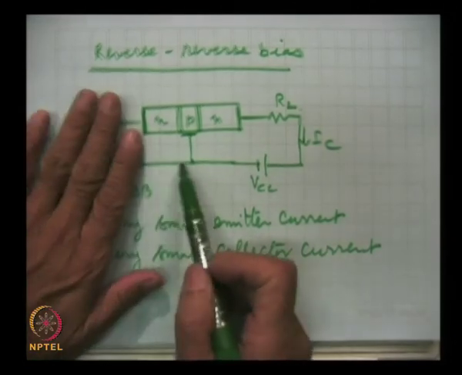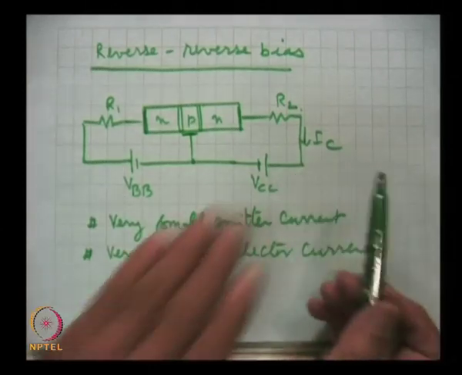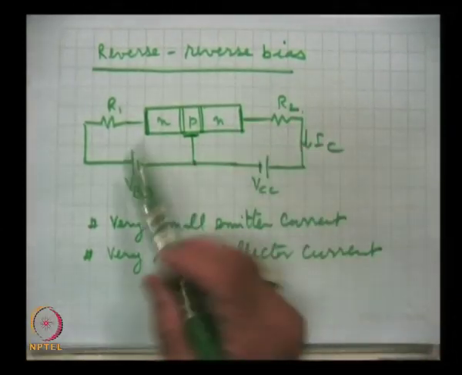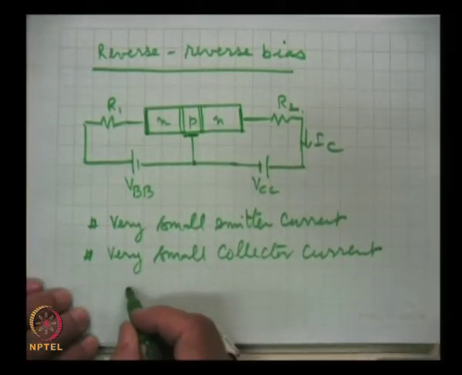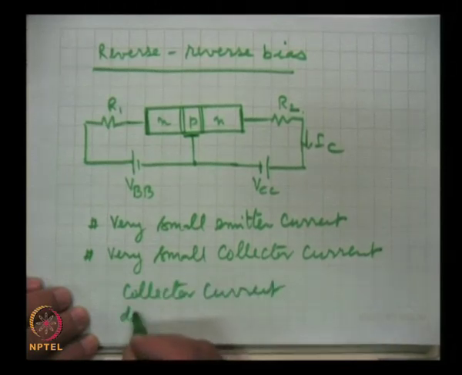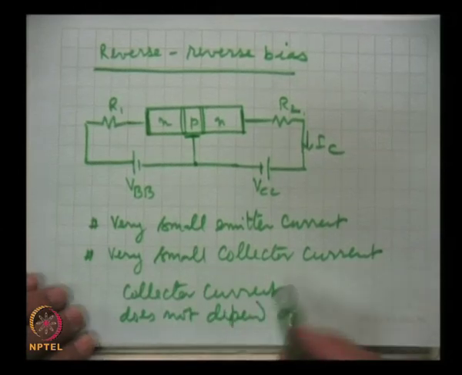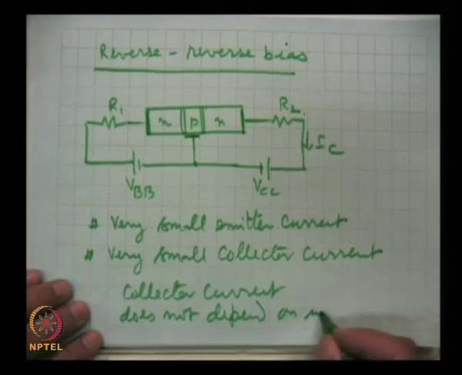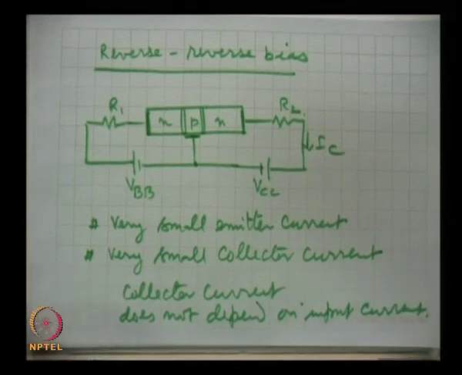If we switch off this current, still this current will continue to flow, and similarly if we switch off this, then this current will flow. But the significant point is that IC, the collector current, does not depend on the input current, the emitter current. Therefore, this can also not be used for amplifying purposes.